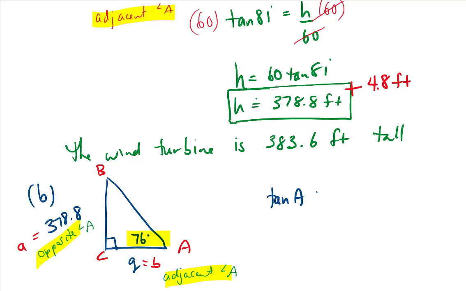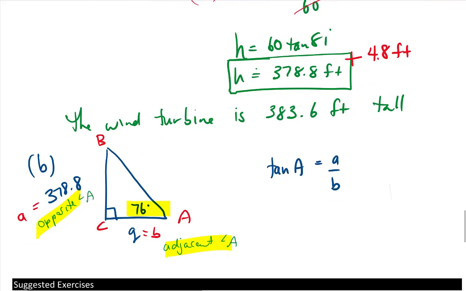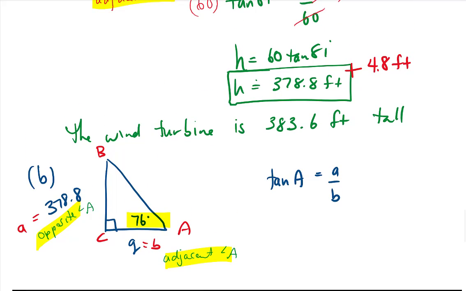So tan of A is equal to A over B. Let's sub in our values. Tan of 76 is equal to 378.8 over B, or in this case, Q.